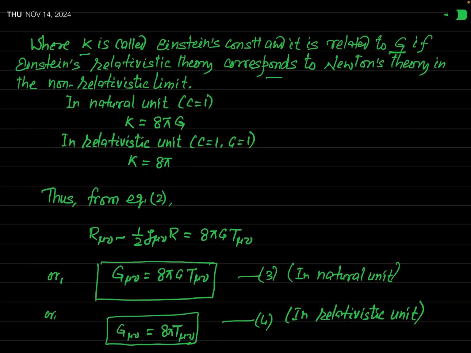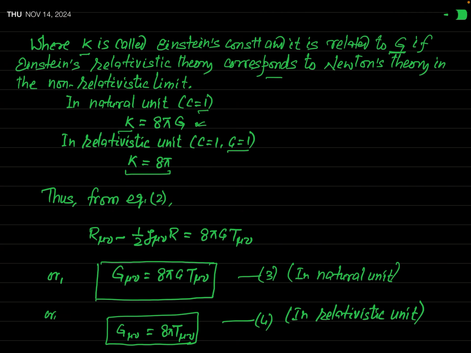As I told you earlier, in natural units we take c equal to 1, but G is retained. In natural units the value of K is 8 pi G. But if you use relativistic units, then you take G equal to 1 too, and then we simply say that K is equal to 8 pi.